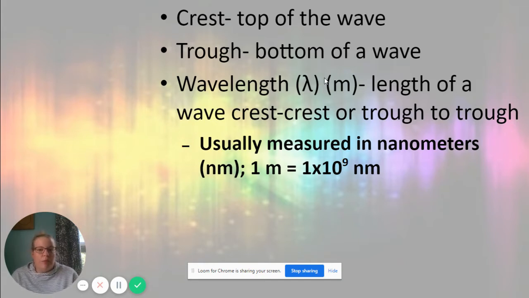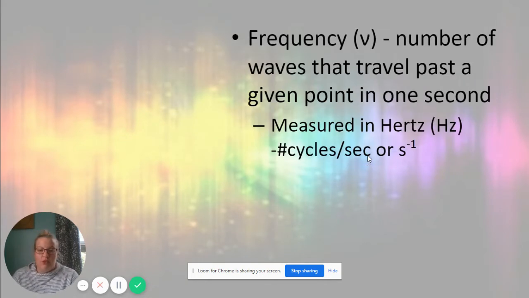I remember that there are 1 times 10 to the 9th nanometers in 1 meter by remembering the 9. Nano looks kind of like 9, so when I'm doing a conversion, I remember there are 1 times 10 to the 9th nanometers in 1 meter. And again, when we get to the example, I will show you that calculation.